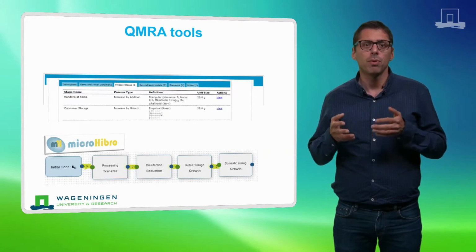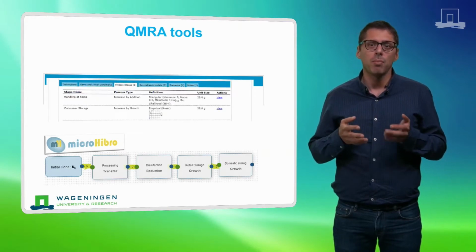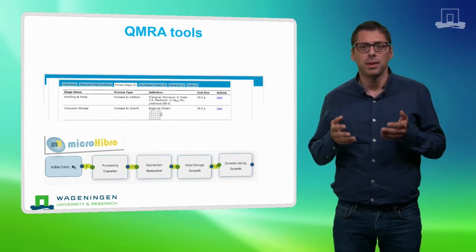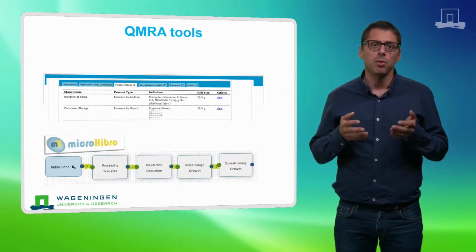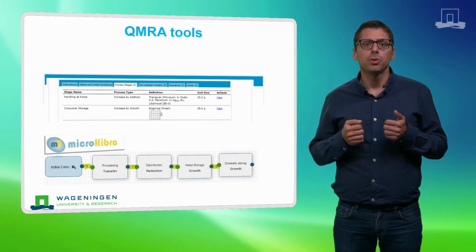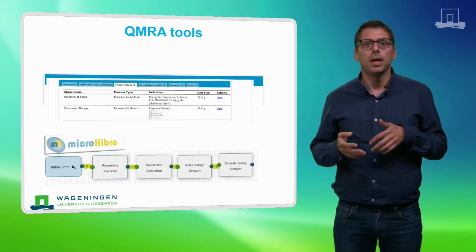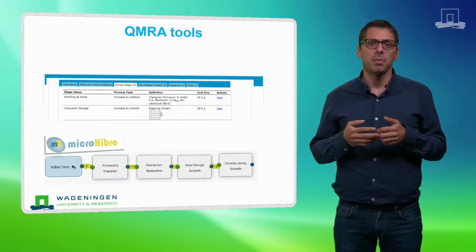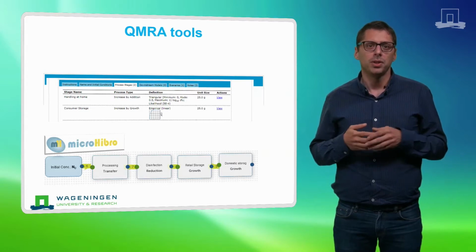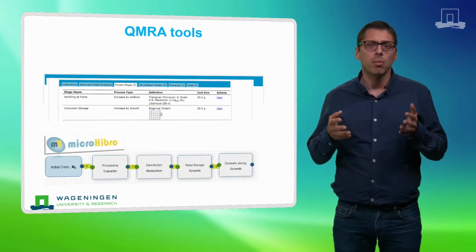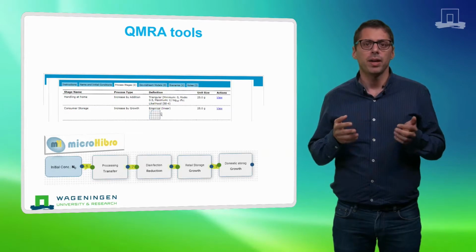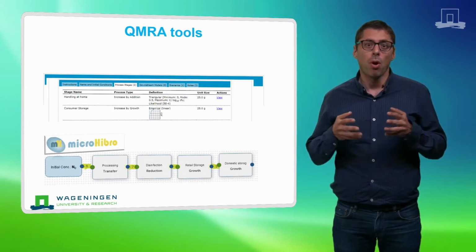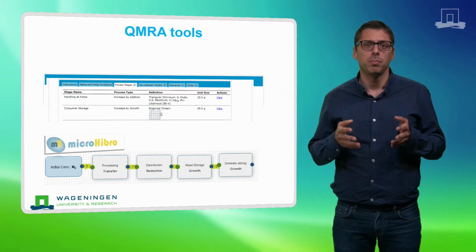The first one follows a more table-based approach, and MicroHibro is based on an object-oriented system in which the user could select nodes to construct food chains on a whiteboard and then define parameters and variables on each node. Both can perform calculations in a stochastic environment, defining parameters with distributions, or even describing a process using probabilities.